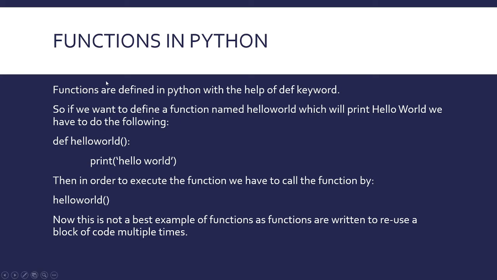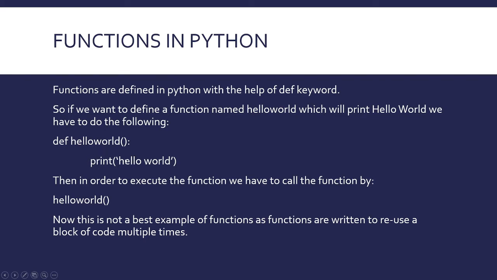So you can see here we have defined a function. The function name is hello world and we have included the parentheses, and then after this colon, whatever goes after this colon should be indented with 4 spaces or a tab. That is the block of code that we can use inside the function.